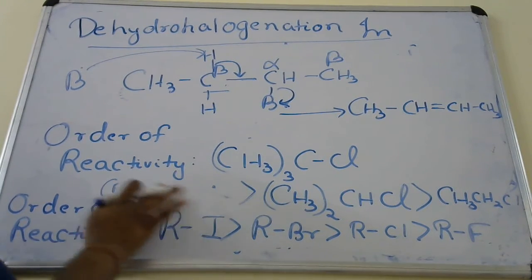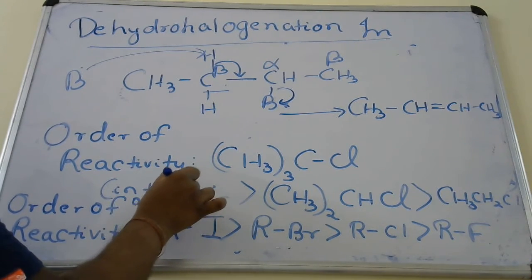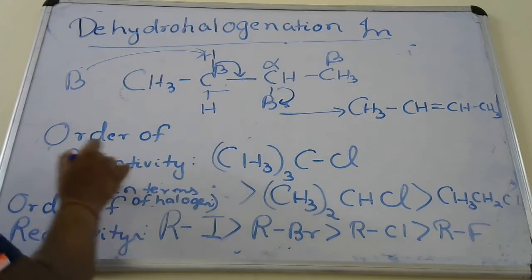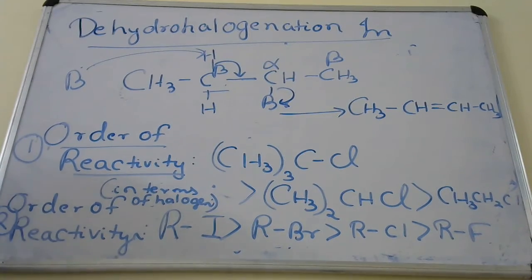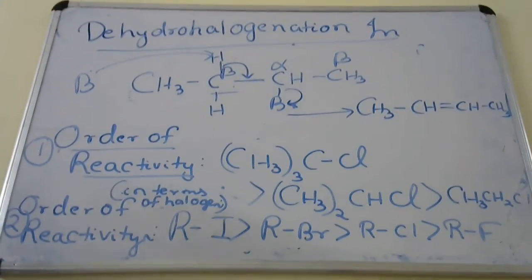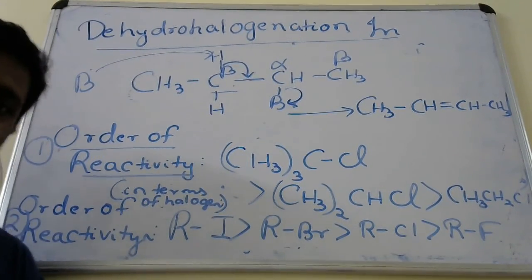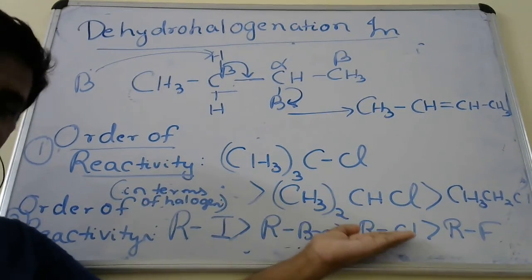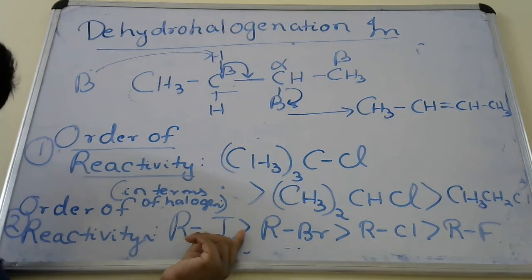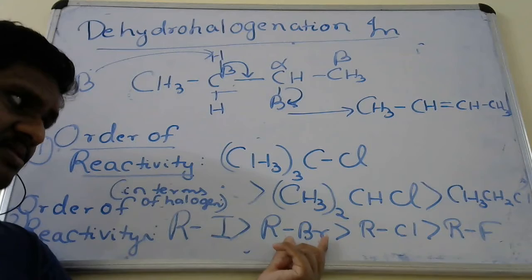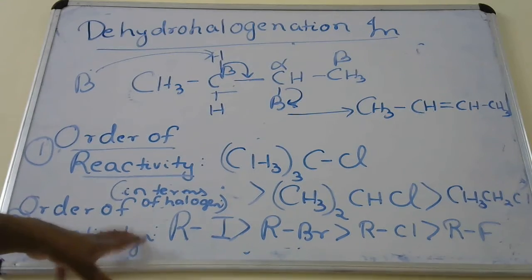Alkyl iodide is more reactive than alkyl bromide, bromide more than chloride, and chloride more than fluoride, because iodine is a better leaving group compared to bromine, and bromine is a better leaving group compared to chlorine. So this order has been decided by the nature of the leaving group.